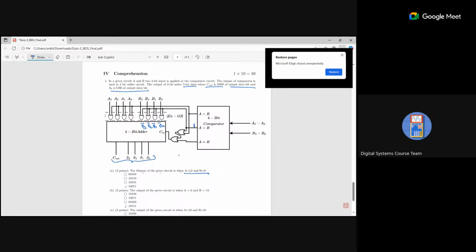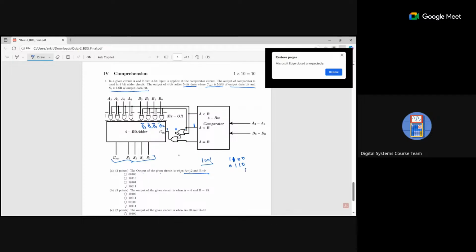Now your A is 12, B is 9. We have to take the invert, so 0, 1, 1, 0. And C is also 1. Why? Because this is 1, so here we are getting 1, and with an OR gate we get 1 here.